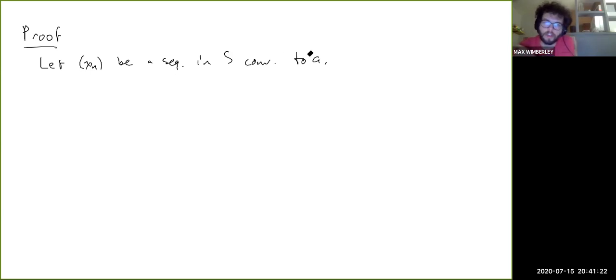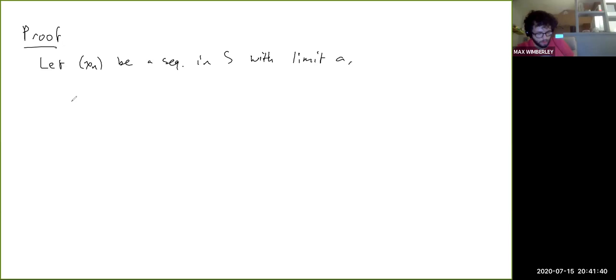Not converging to a, because remember, a might be plus or minus infinity, so we wouldn't want to say it's converging to a in that case.